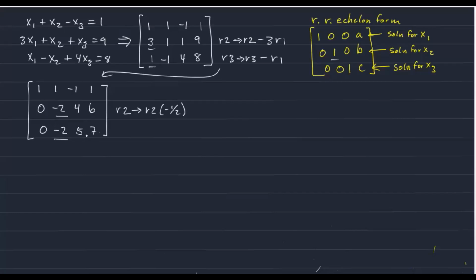To do that, let's take row 3 and subtract the original form of row 2 from row 3.